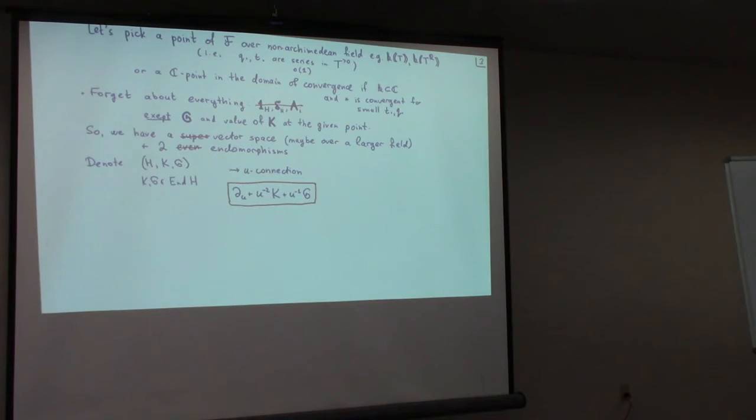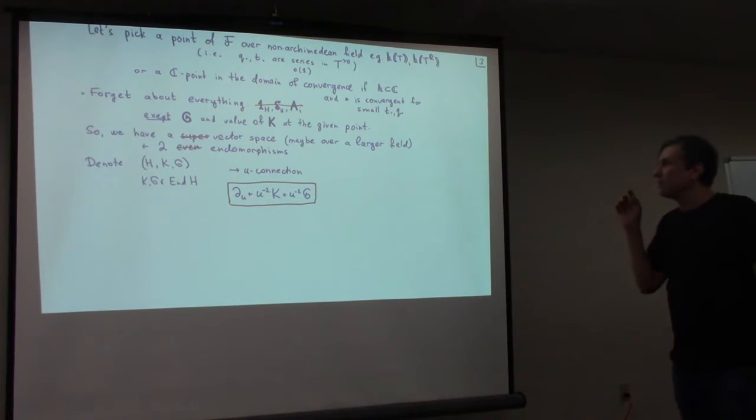And now, for a moment, I want to forget about most of the whole story: this unit element, copairing, connection along the Frobenius manifold. I just have operator G, one even operator, and another even operator K at a given point. So I get a super vector space, maybe over some larger field, and two even endomorphisms.